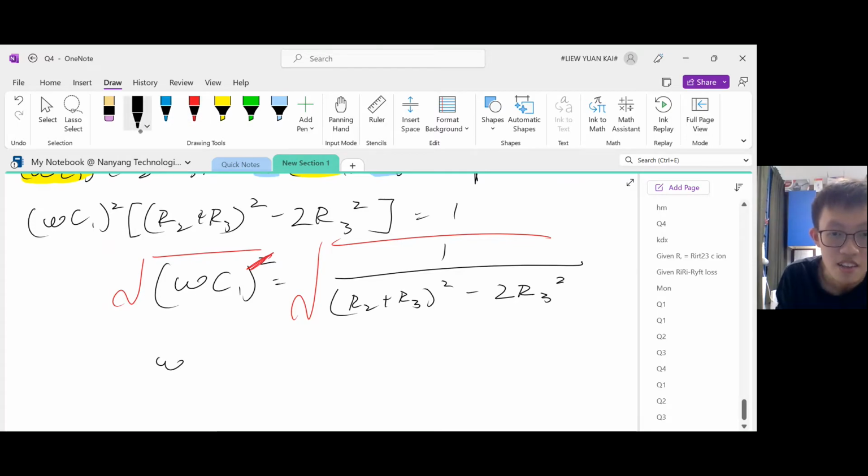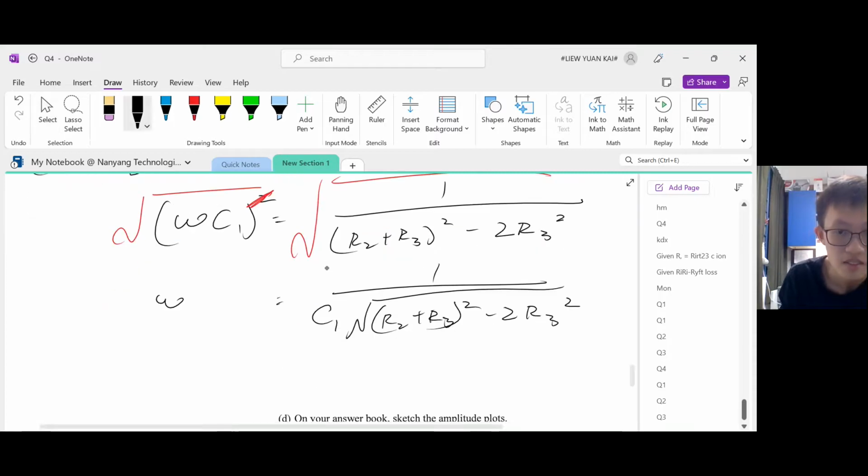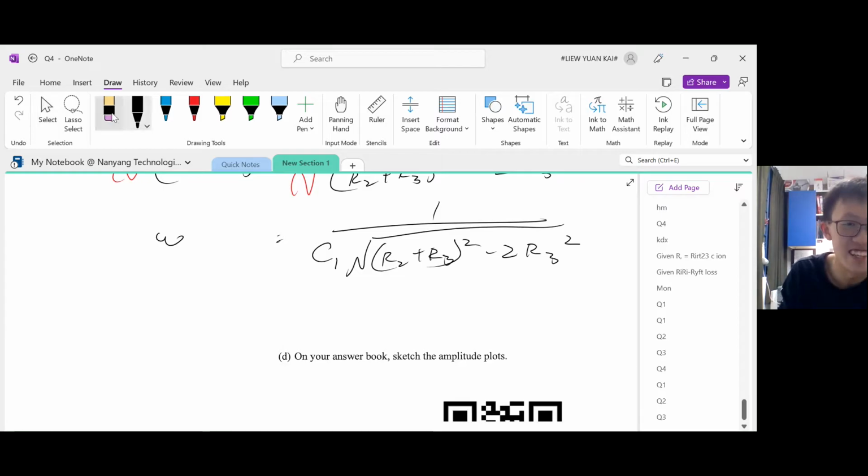Then okay, yeah, you're left with this square root of this denominator. And then this C, I just divide it over to this side, right? So you get C1 down here. Yeah. Okay. Wow, this is a challenging question.